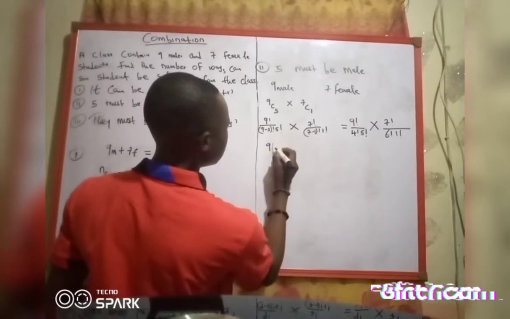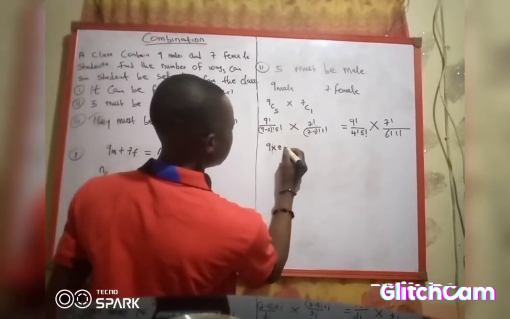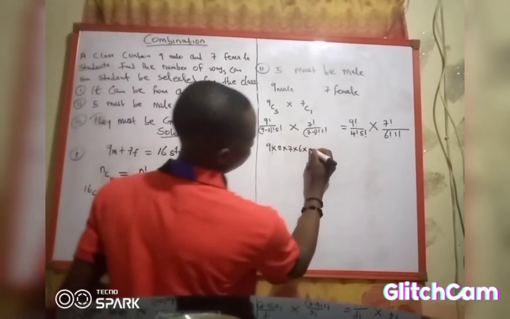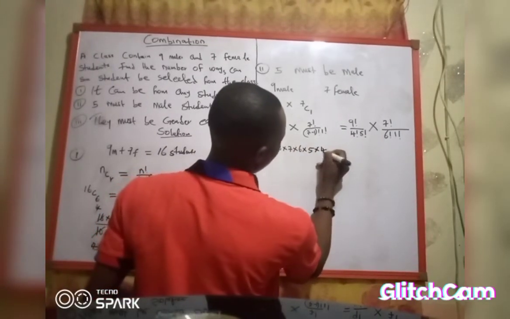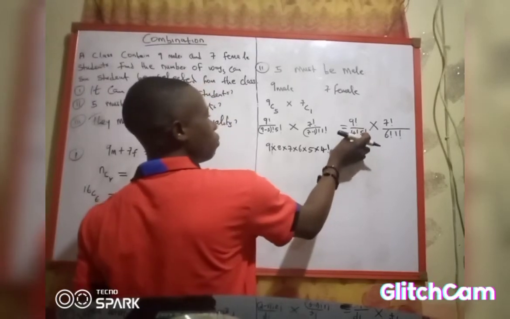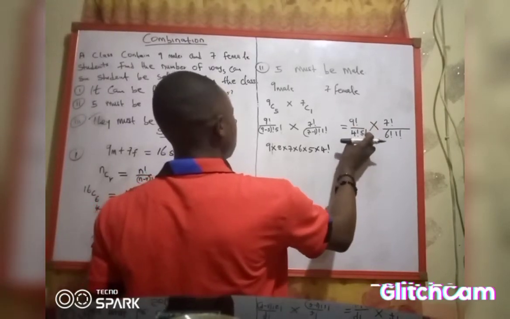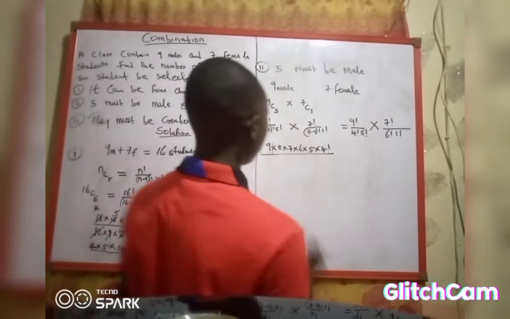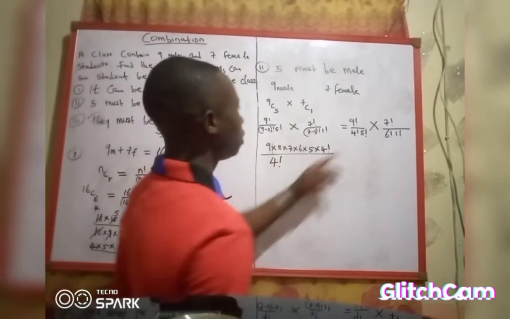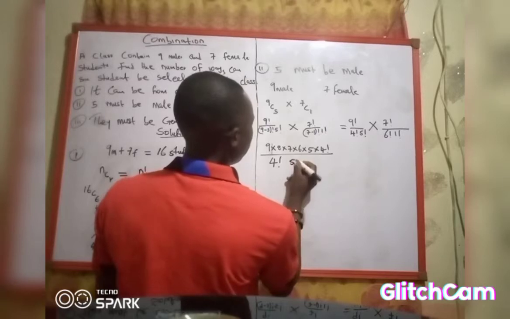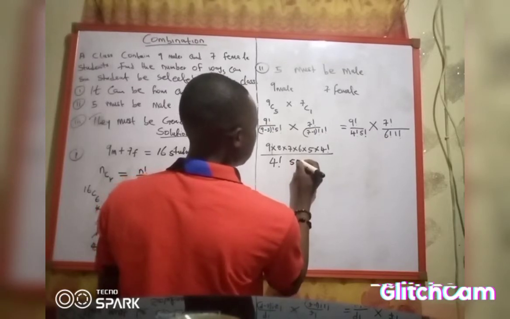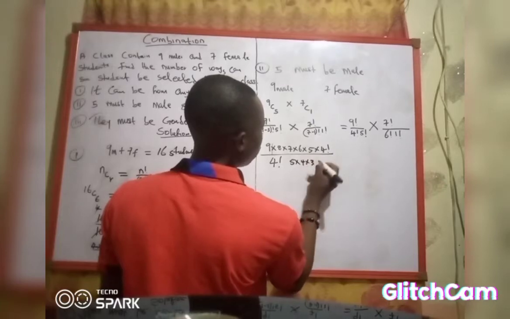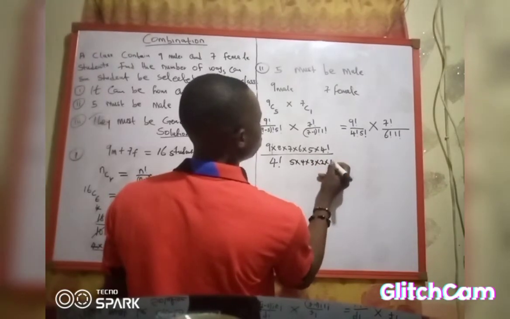So from here now, 9 factorial is 9 times 8 times 7 times 6 times 5 times 4 factorial, because 4 is the lowest factorial in this expression. So all over 4 factorial here, and 5 factorial is 5 times 4 times 3 times 2 times 1.